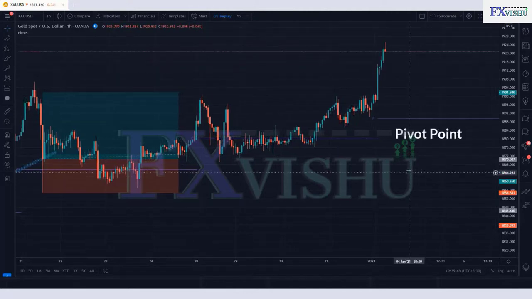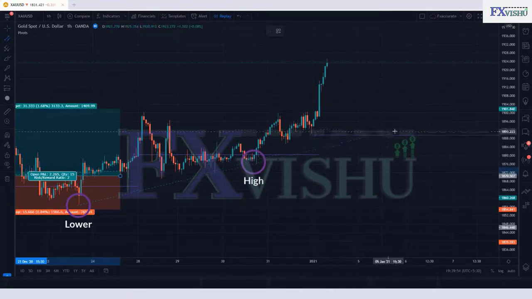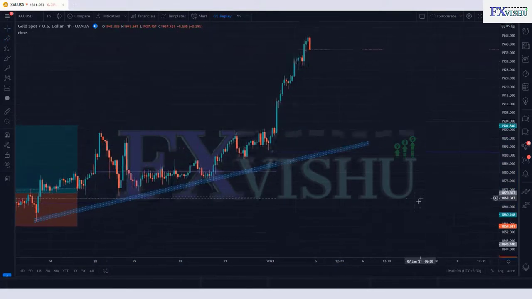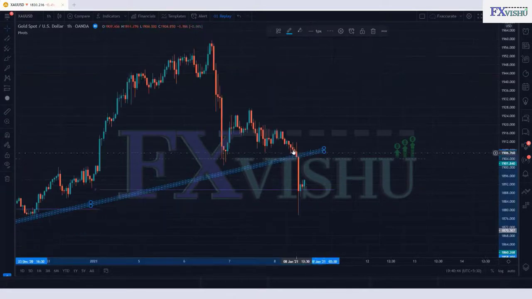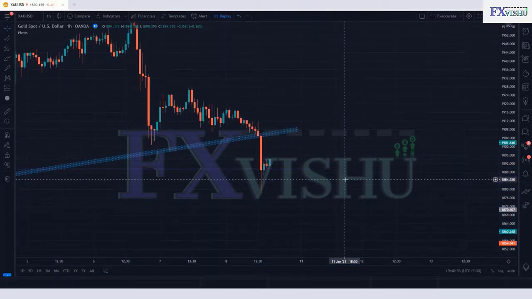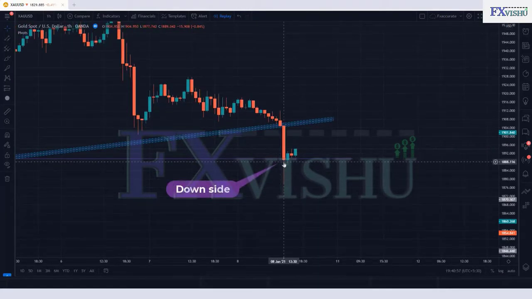Here is our pivot point. After this we draw a trend line from lower to high. Here the market is below the trend line and pivot point.